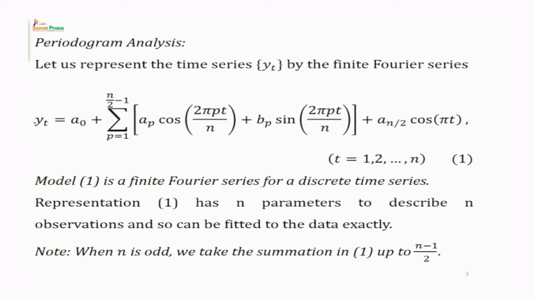So, on the left hand side you obtain summation y t equal to n times a naught, and then you take summation over t inside. So, summation over t cos 2 pi p t by n you get here, and summation over t sin 2 pi p t by n you get here, and then in the last term you get summation over t cos pi t.